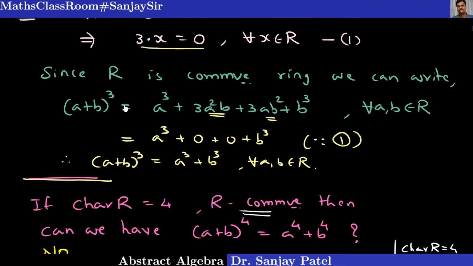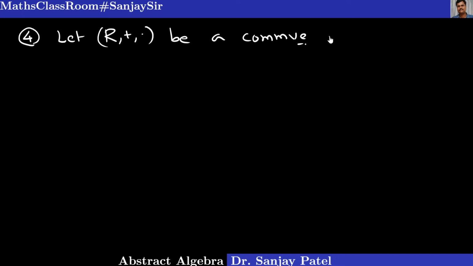The next problem is number 4. Let R be a commutative ring with characteristic of R equal to small p, where small p is a prime number.